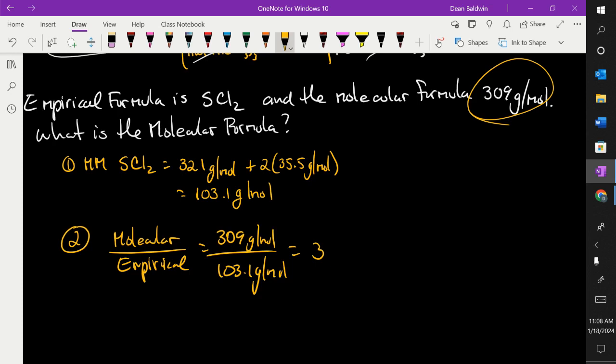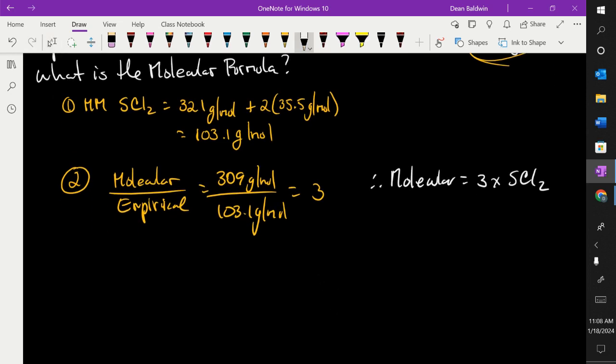So that means you multiply the empirical formula by 3 to get the actual molecular formula. Therefore, the molecular formula is 3 times that. This isn't how you would write it in real chemistry, but it's 3 times that. So then it's actually S3Cl6. Yeah? Does that make sense? I just made that question up, so that's not a real compound.